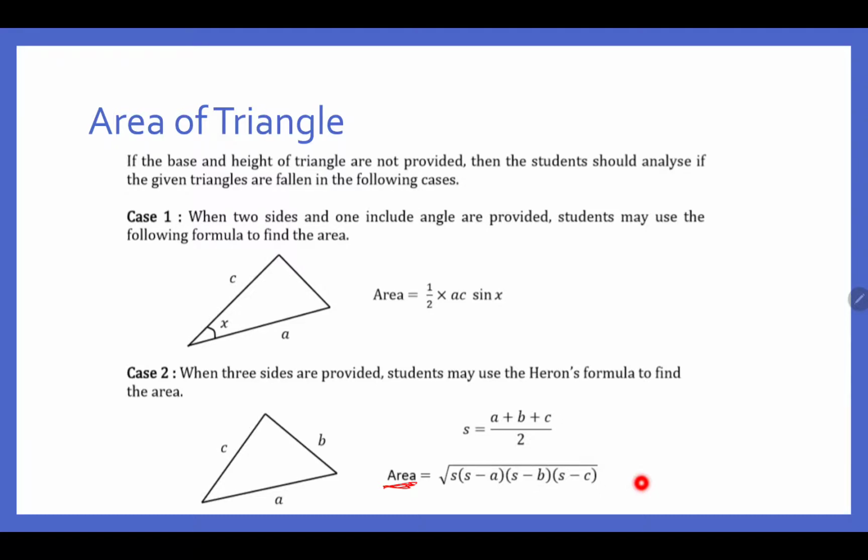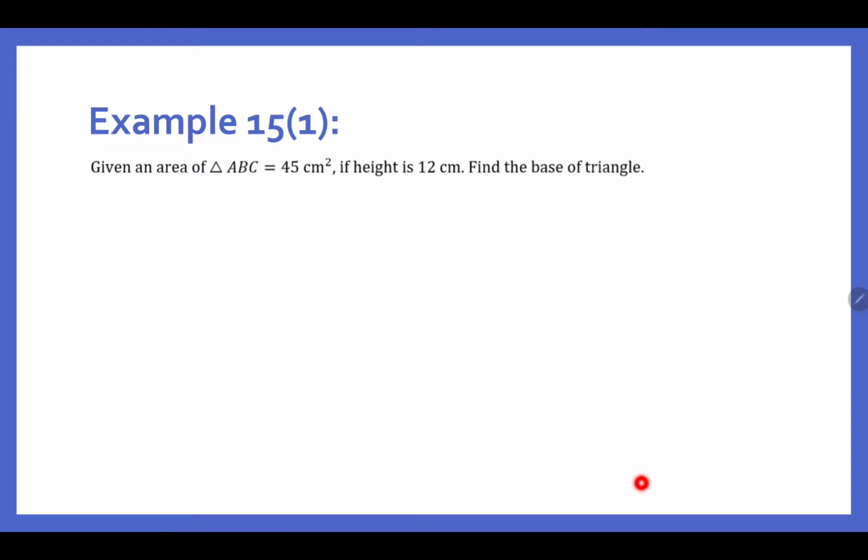Okay, so kita tengok application untuk soalan macam mana nak gunakan formula-formula tu. Okay, example 15 number 1. Okay, given the area of triangle ABC equals 45, if the height is 12, find the base of triangle. Ini melibatkan height dengan base, so kita boleh guna formula A equals 1 over 2 times height times base.